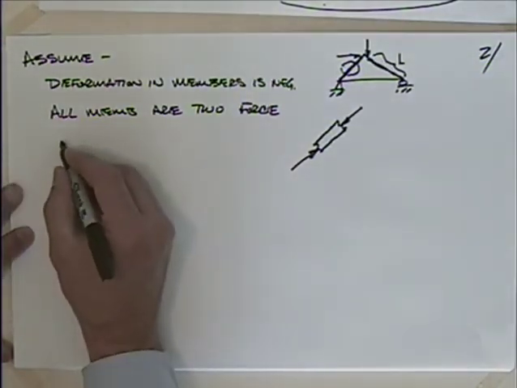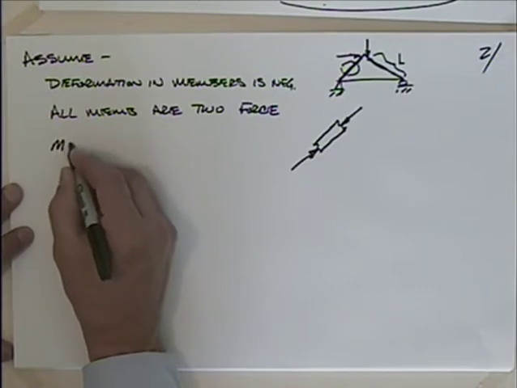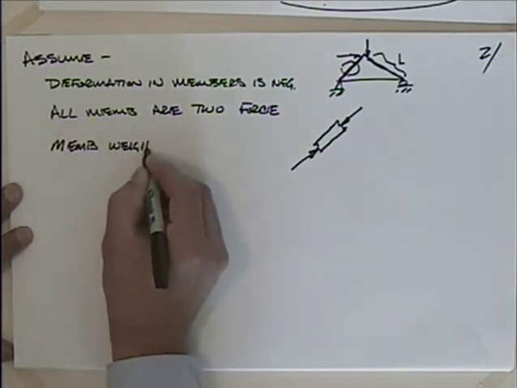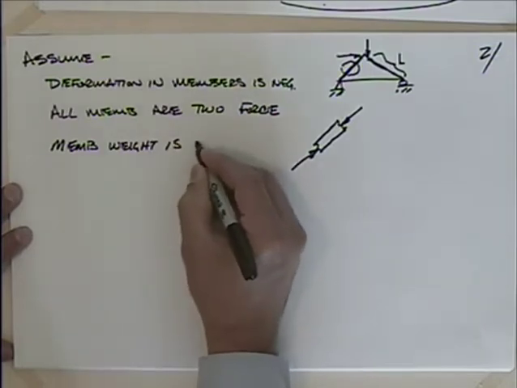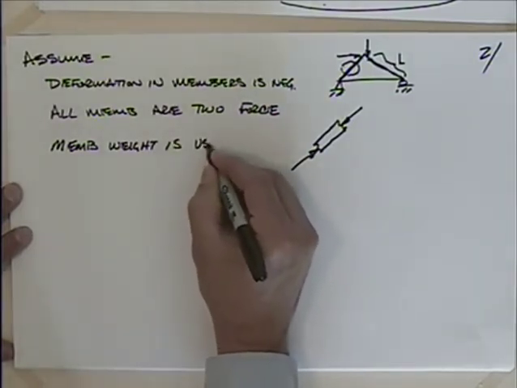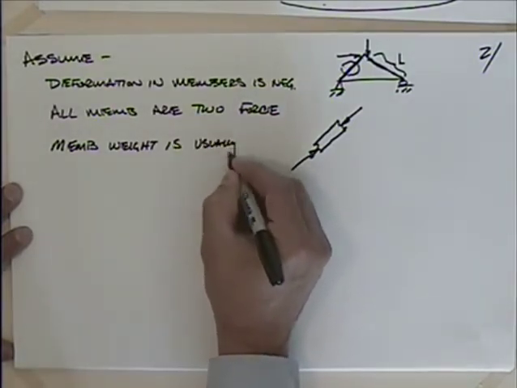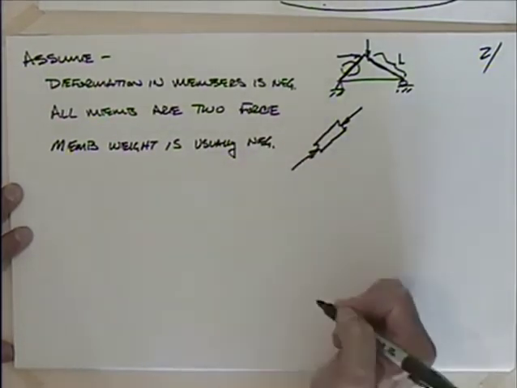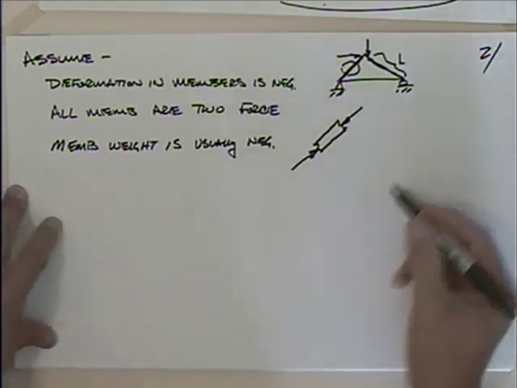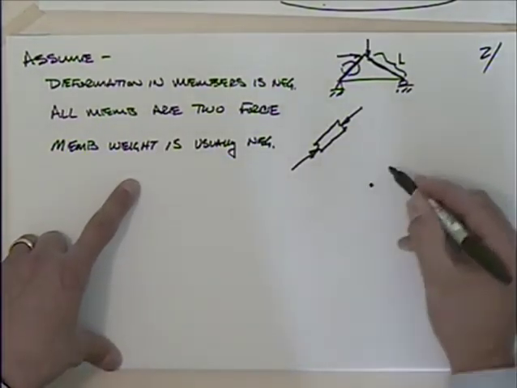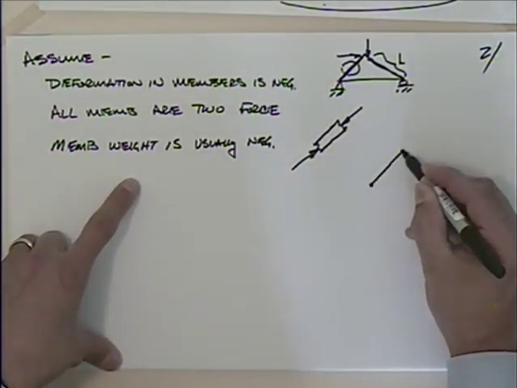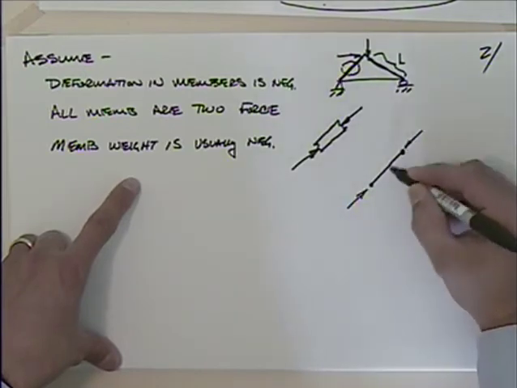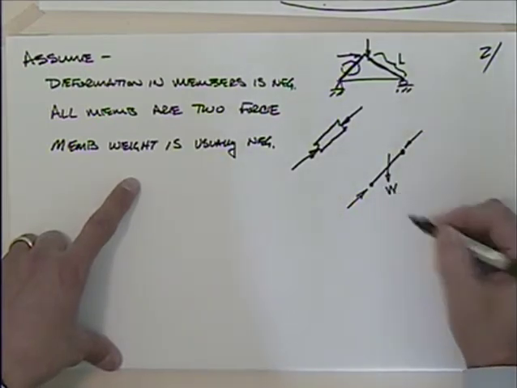Member weight is usually negligible, because if I've got a two-force member like this, let's say it's under compression, and then I look at its weight here, is it a two-force member?